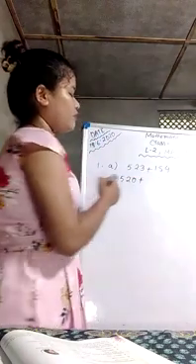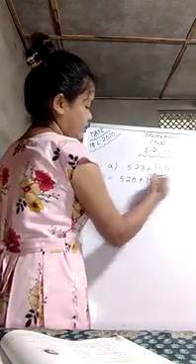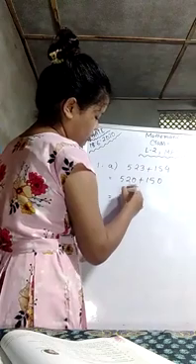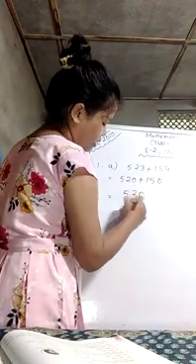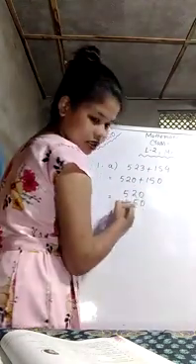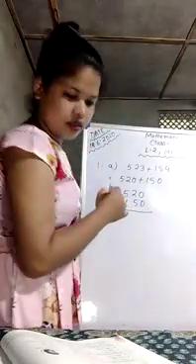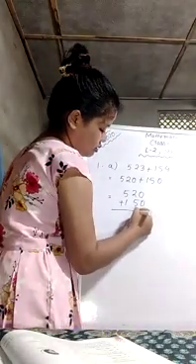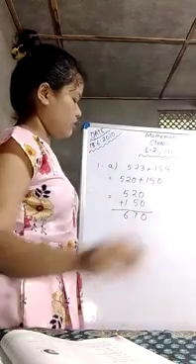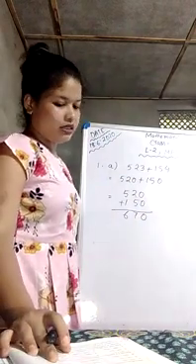Then 154 should be 150. Okay. So now write in columns 520 plus 150. Add. Okay. So the answer is 670.